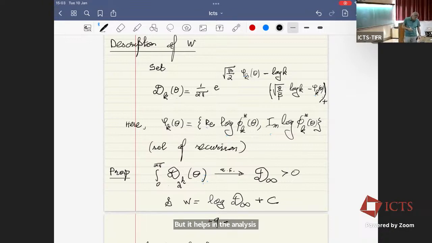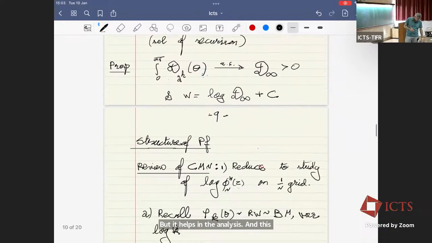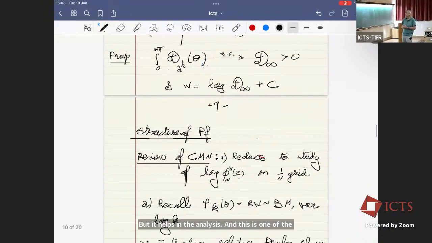And one of the statements is that if you look at the total mass of that derivative martingale, or that object, the total mass converges to a limit, and our W is just the log of that total mass.